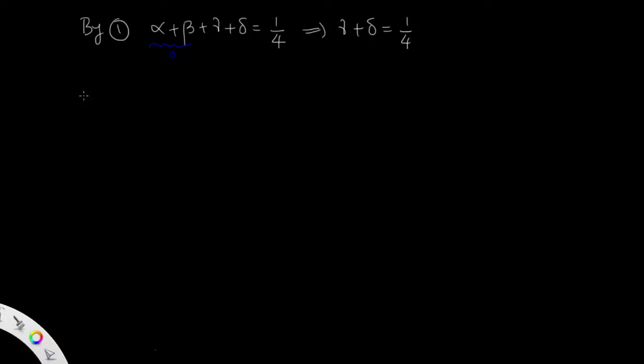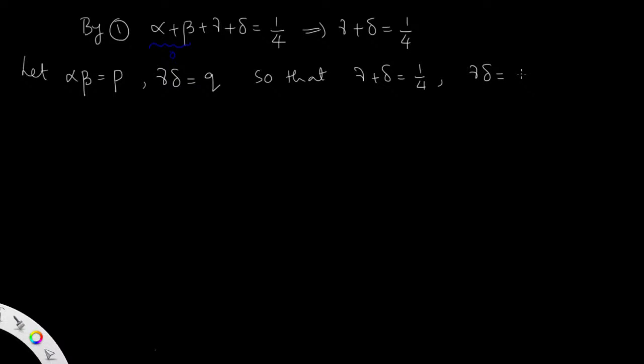And then I am taking alpha beta equal to, suppose, p, and then gamma delta I am taking, suppose, q. The product of the roots is nothing but 9 by 8. So the relation given: gamma plus delta is 1 by 4, gamma delta equal to q, and alpha plus beta we have already as 0.